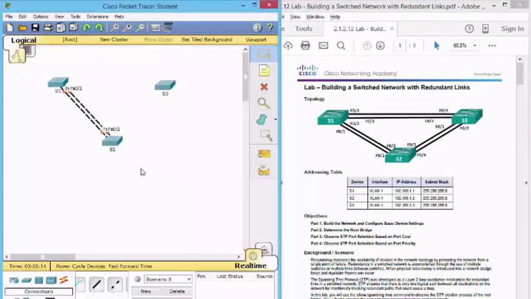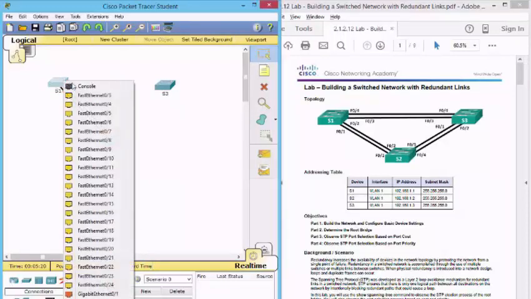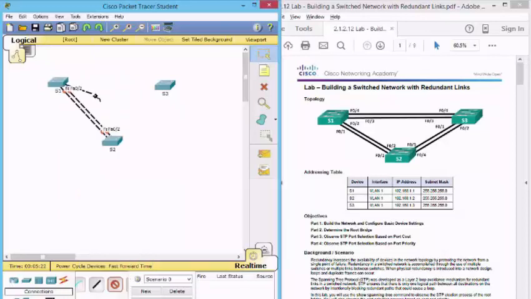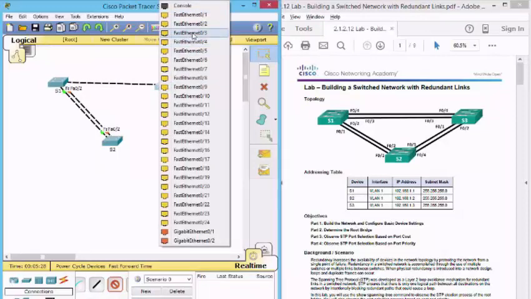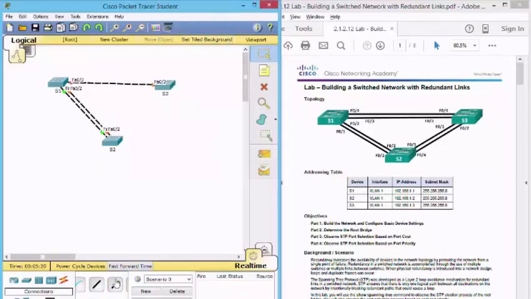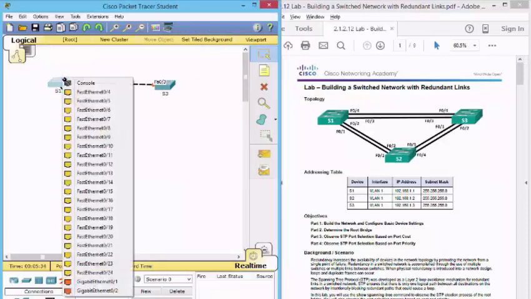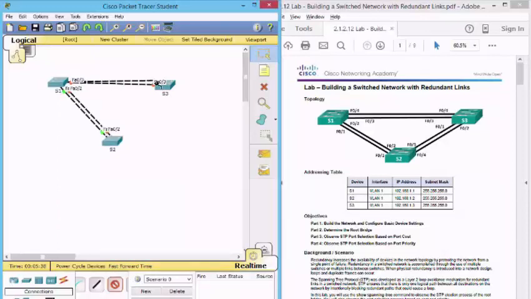Now switch 1's FastEthernet 3 goes to switch 3's FastEthernet 3, and switch 1's FastEthernet 4 goes to switch 3's FastEthernet 4.